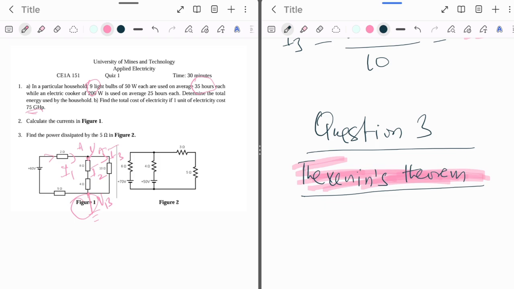Thevenin's theorem is just saying that if you have a circuit diagram, no matter how complex that circuit diagram, you can simplify that circuit diagram to just a voltage source, right, in series with a resistor, right?